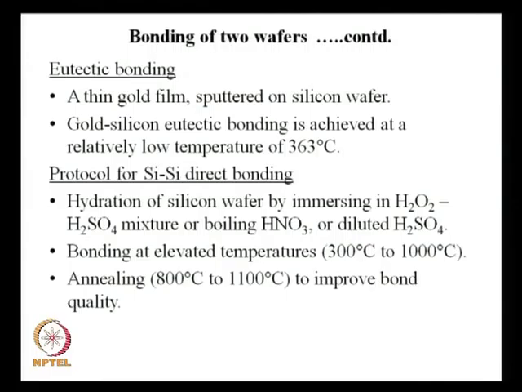That means, first the bonding takes place at a temperature between 300 to 1000 degree centigrade, and then you go for another step, which is annealing, done at a little higher temperature, so that the bond quality is improved. The technique is basically you take the two layers and heat them, so that the silicon melts at the interface and it bonds.